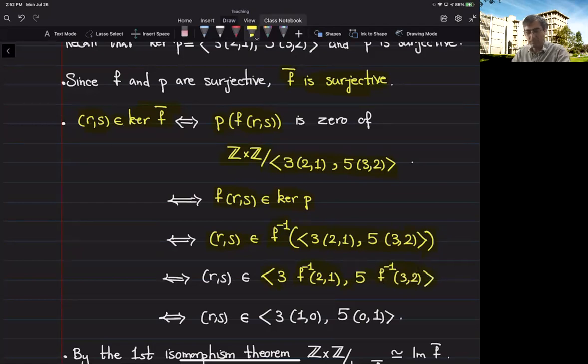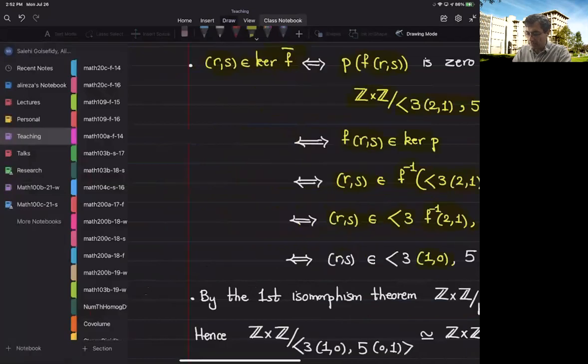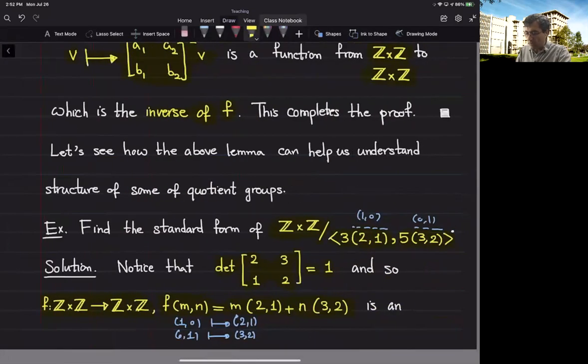Now I am in a good position because we know that F inverse of (2, 1) is (1, 0). Again, recall that (1, 0) is mapped to (2, 1). So the inverse of F applied to (2, 1) is (1, 0). And the inverse of F applied to (3, 2) is (0, 1).